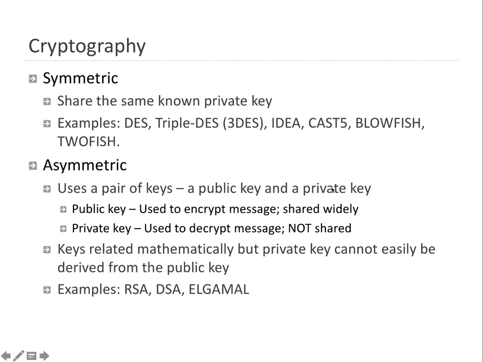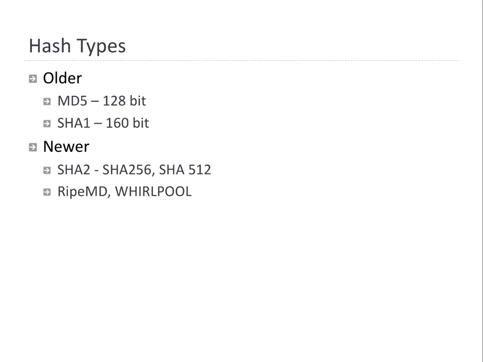Usually the sender, a web server, keeps its own private key secret, but it gives the public key out to everybody in the world. Using that public key, web browsers in particular can encrypt messages and send them to the server. The server is then the only one with the private key that can unlock that. So it's kind of neat. Be familiar with the different types of technologies associated with symmetric versus asymmetric encryption and cryptography.